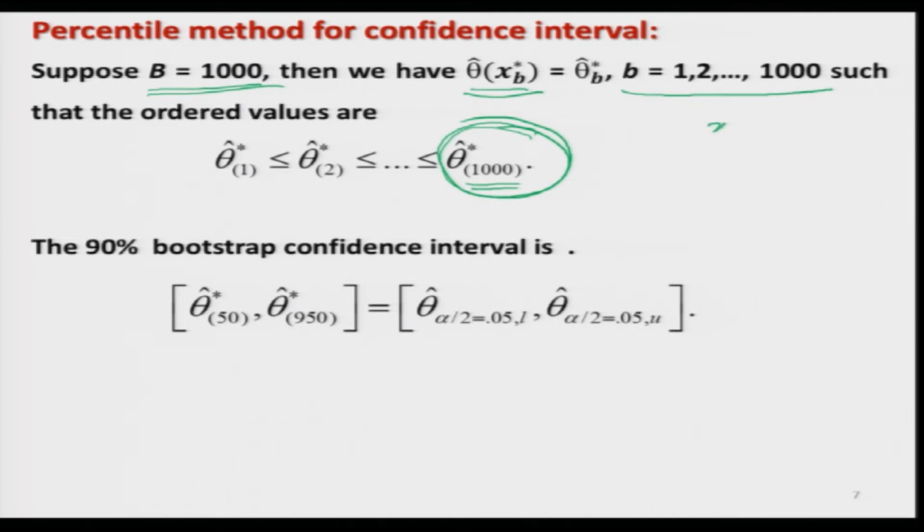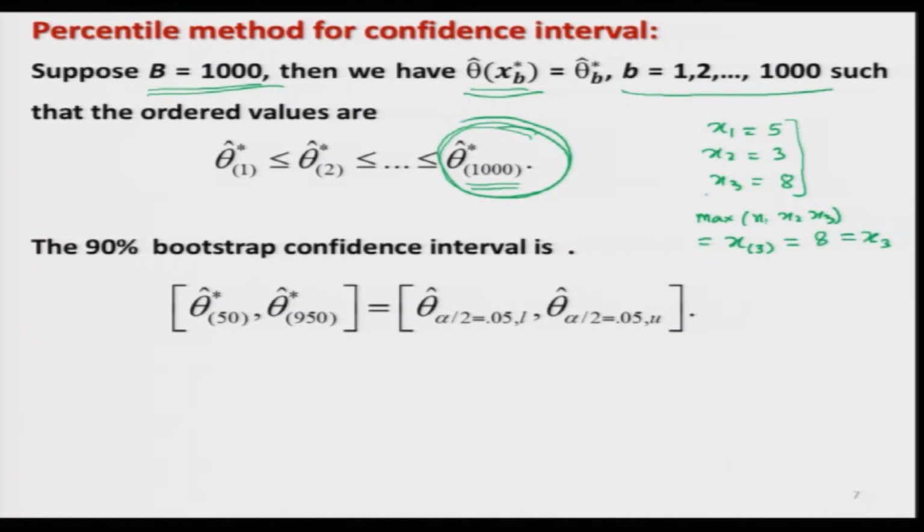For example, suppose I have three values, x1 equal to 5, x2 equal to 3, and x3 equal to 8. Out of these I find the maximum value among x1, x2 and x3, which is denoted by x order 3, equal to 8, and this is the same as x3.